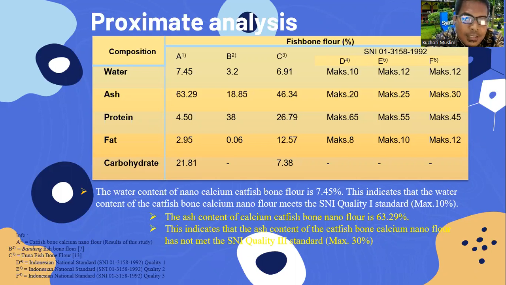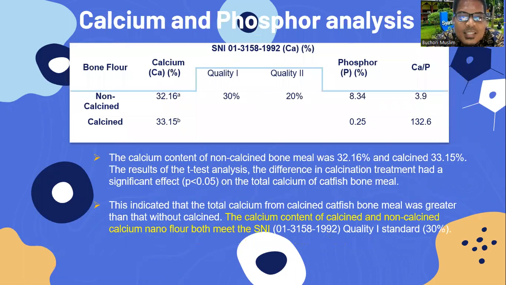And the ash content of catfish bone calcium is 63.29%. This indicates that the ash content of the catfish bone calcium nanofluoride has not met the SNI quality standard number 3.